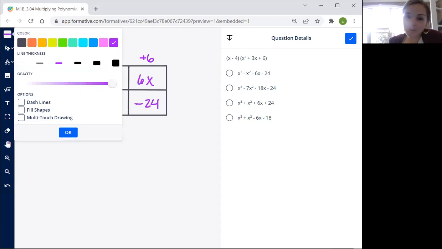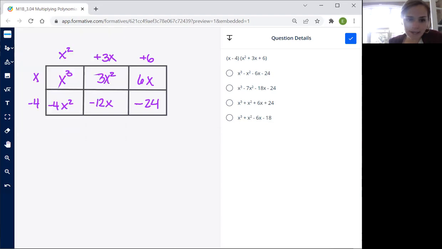Typically, not always, your like terms end up in the diagonals. If you started in standard form, with your binomial and trinomial, it should end up in the diagonals. So then you can combine those.